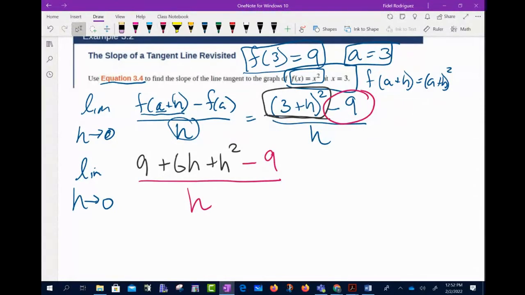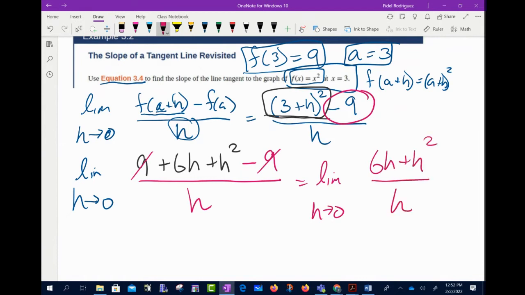Are we good so far? Okay. Guys, what's going to happen to my 9? We get rid of them, right? Boom, boom, go away. So now we're going to take the limit as h approaches 0 of 6h plus h squared all divided by h, right? Because those 9s canceled out.